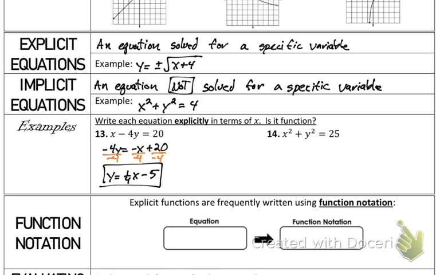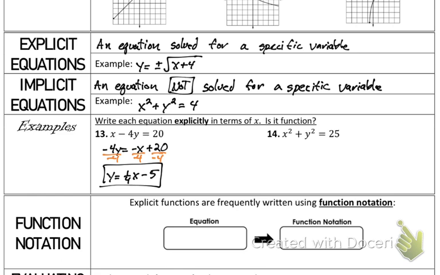Oh, what was that? Plus 5? No, because we're dividing by a negative 4, so switch the sign. That's why I put a negative on every one of those, to remind myself.